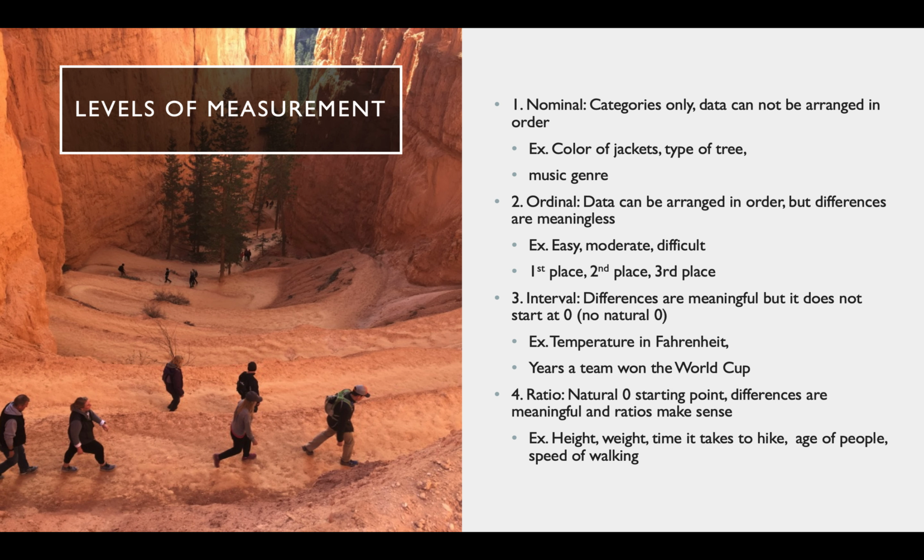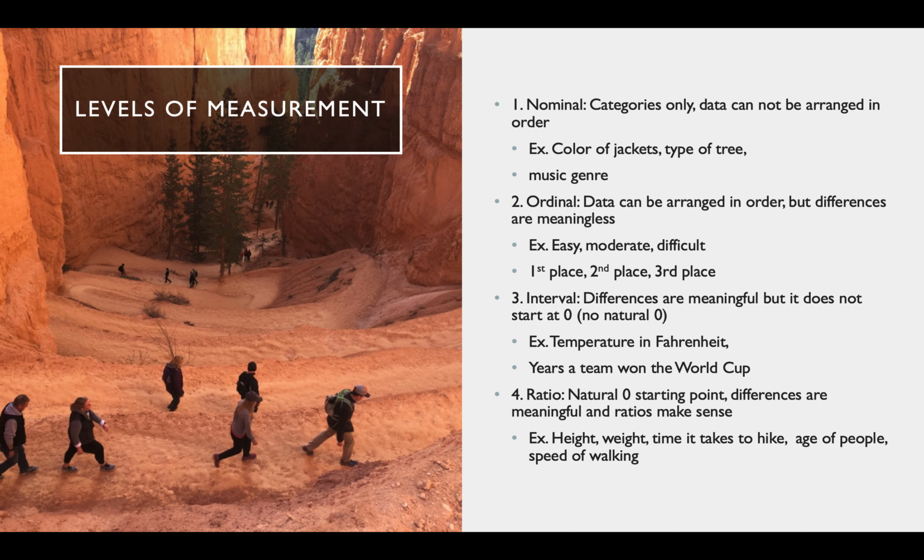The differences aren't the same. The differences are meaningless. First place, second place, third place. So say you're doing a race and someone makes first place, someone makes second place, someone makes third place. The time between them finishing the race is not going to be the same. So the differences are meaningless, but you can still put them in order.